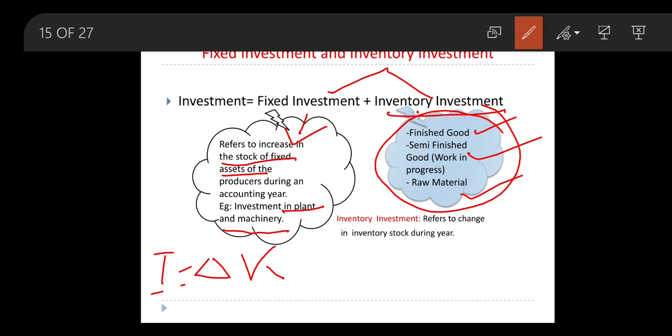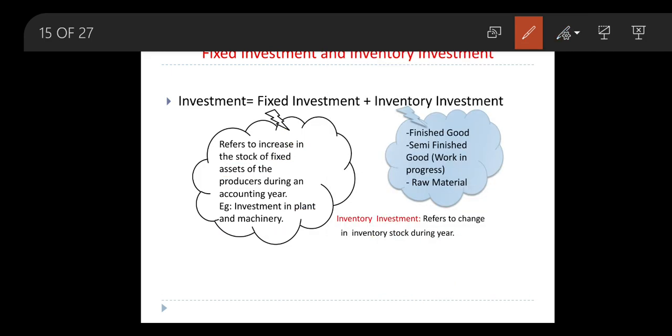Let's assume that at the beginning of the year, the amount of inventory stock is 10k. Okay, 10k, and at the end of the year the amount of inventory stock rose from 10 to 40k. Now let us see the change here.